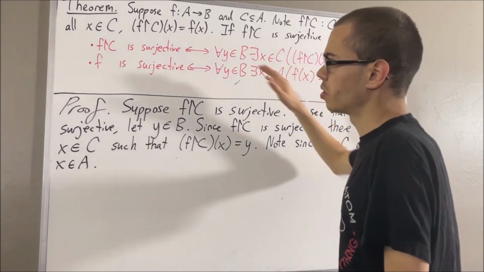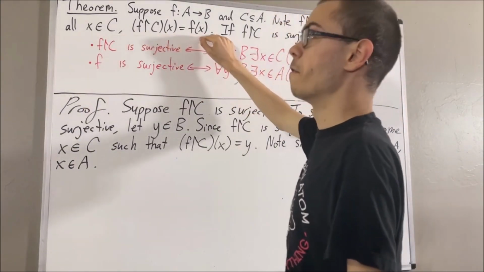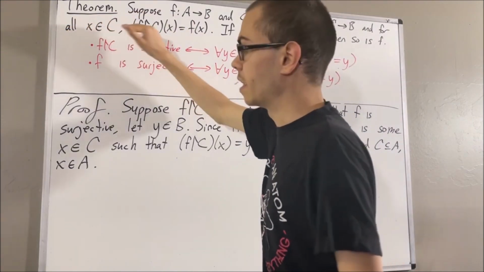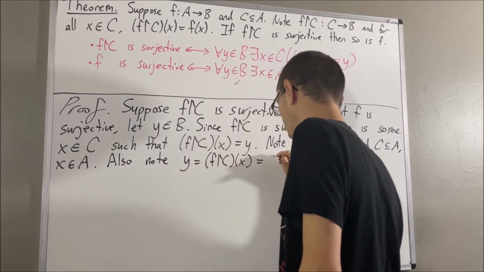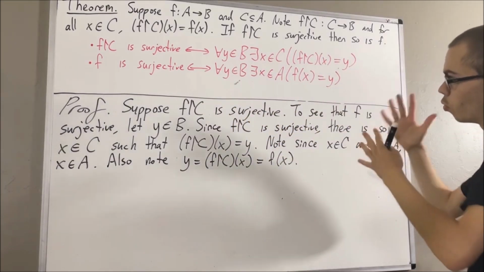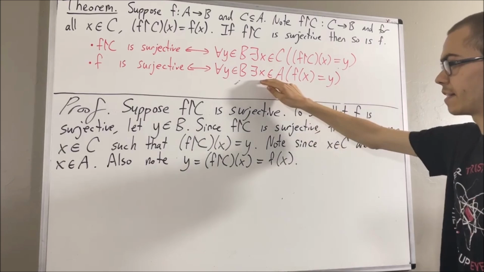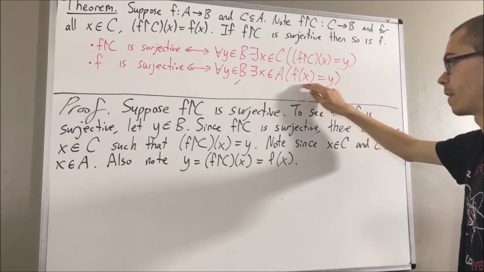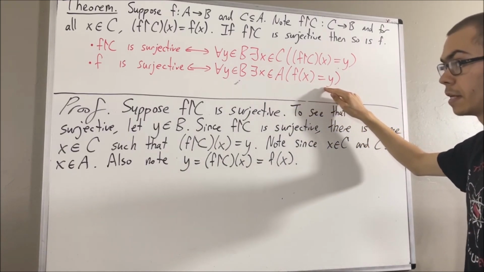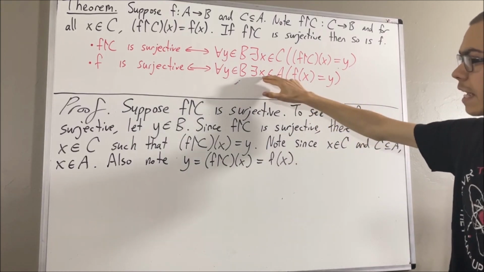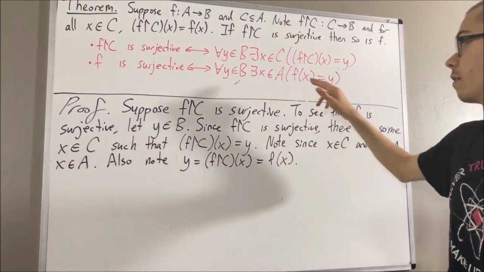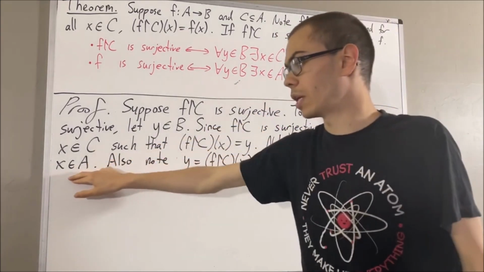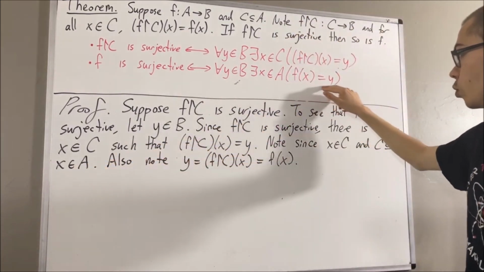Now, let's also note that since this is true for every element in C, it must be true for x. But putting this together, we now see that there exists an element x in A such that f of x is equal to y. In particular, if we take the x here to be x, well, x is an element of A, that's what we have here, and f of x is equal to y.